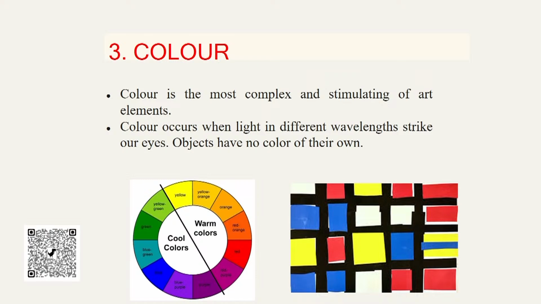So, as the word warm suggests, it represents more activity, it represents fire, it represents sun. On the other hand, cool colors represent very calm and soothing effect. So, colors under this category are blue, green, purple and various shades and tints of blue and green. Whereas, in warm color you will notice that shades of red, orange and yellow are easily visible in this spectrum.